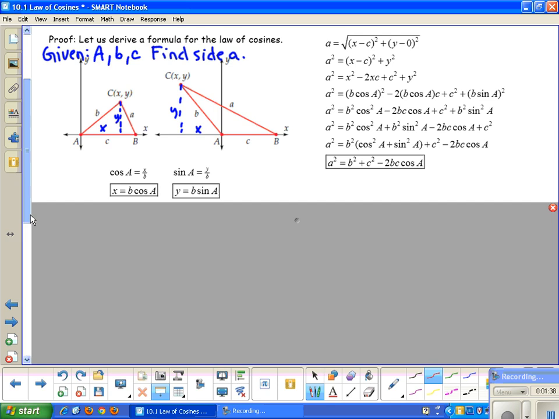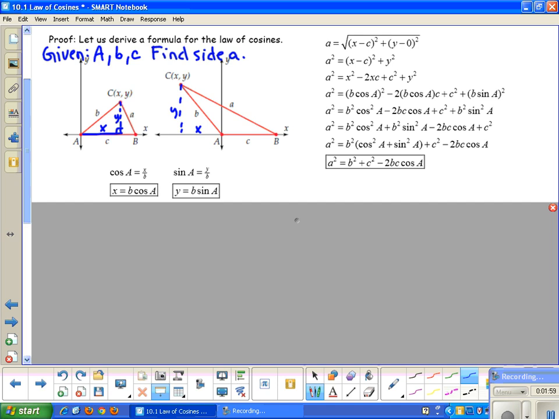So if we make this into a right triangle, as you see that I did here with the blue, I have this as length x and the height as length y. Well, if we want to find what x is equal to and what y is equal to, that's when we use our trigonometry.